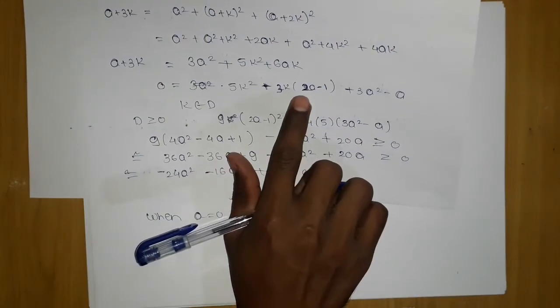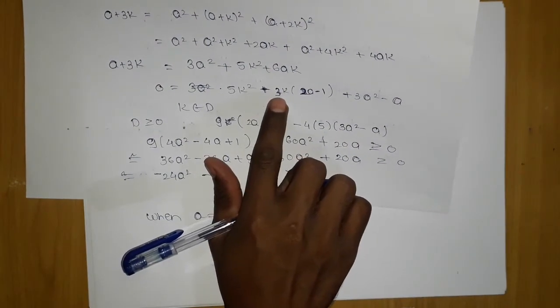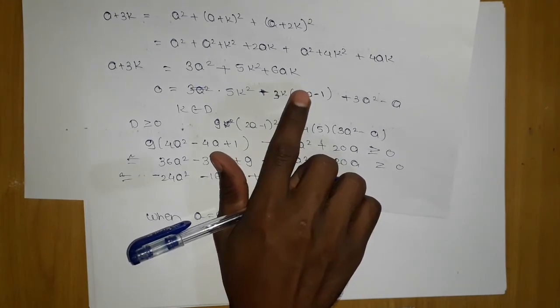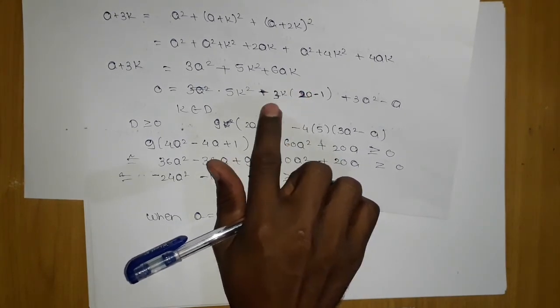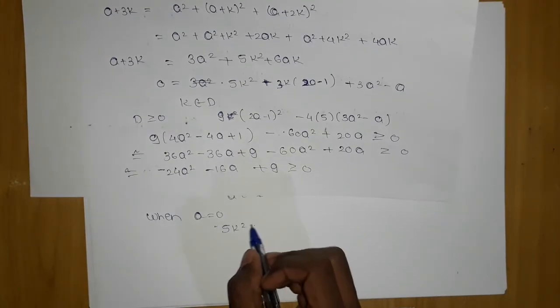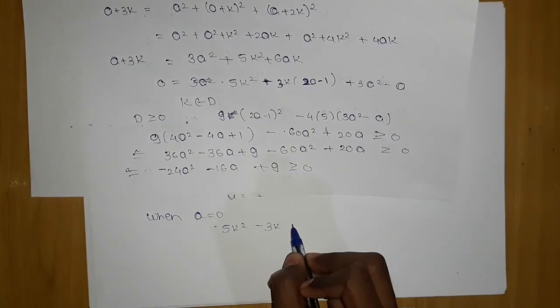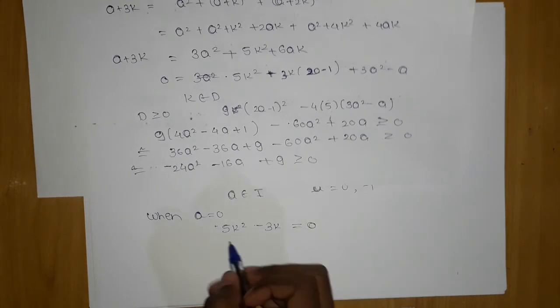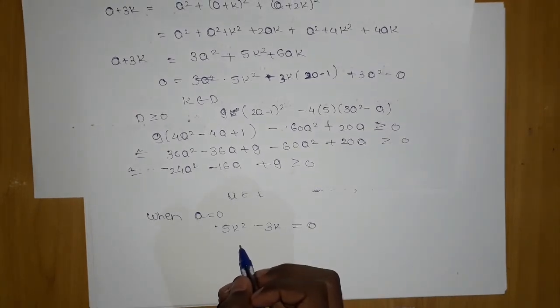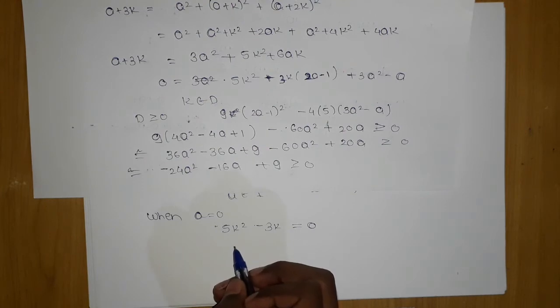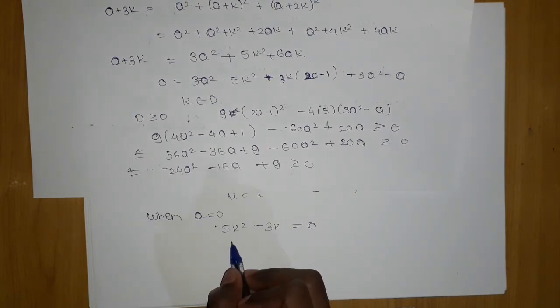Wait a minute, I took minus 3k common. Plus 3k I took common, so it will be minus 3k should be equal to 0. So I am getting this after putting a equals to 0.